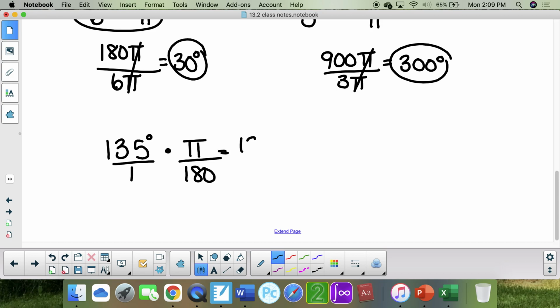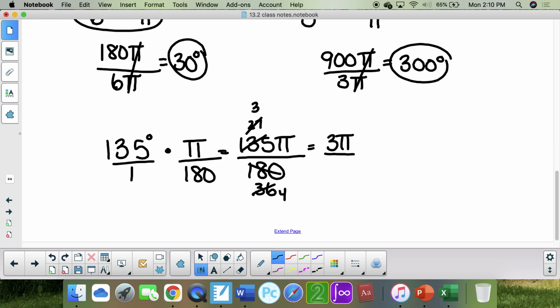Multiply the numerator, you get 135 pi over 180. 5 goes into 135 27 times. 5 goes into 180 36 times. 9 goes into there 3. 9 goes into there 4. So it's 3 pi over 4 in reduced form. 135 degrees is the same thing as 3 pi over 4.